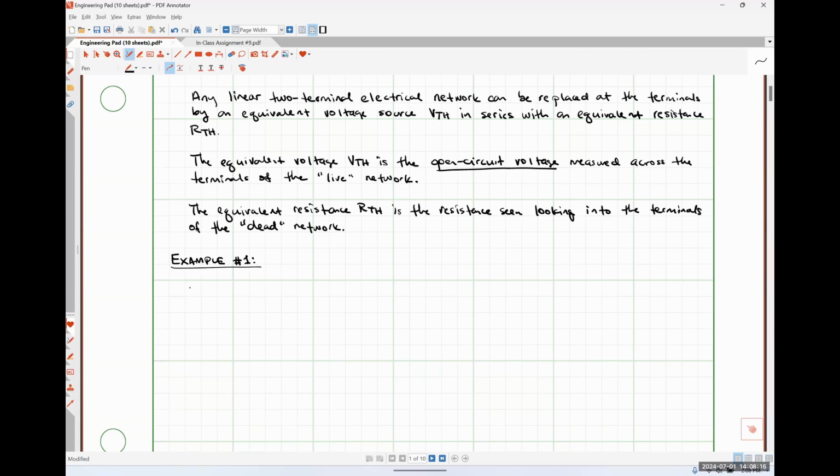Okay, and we want to find the Thevenin equivalent circuit seen by the 1 ohm resistor.